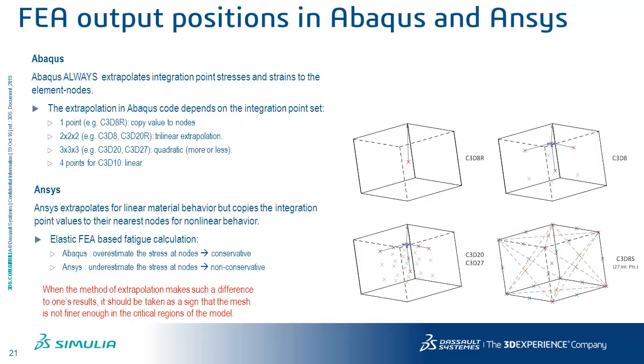So that's the difference between Abaqus and Ansys. The overall trend is, if you use Abaqus for, let's say, elastic or linear analysis-based fatigue calculation, then Abaqus overestimates the stress at the nodal point, which means it is more conservative than the Ansys linear elastic-based fatigue calculation.